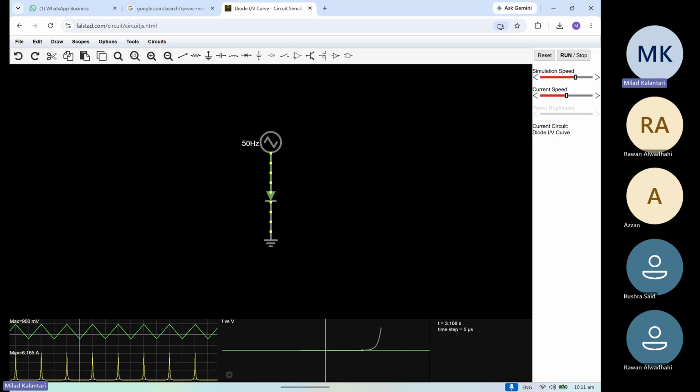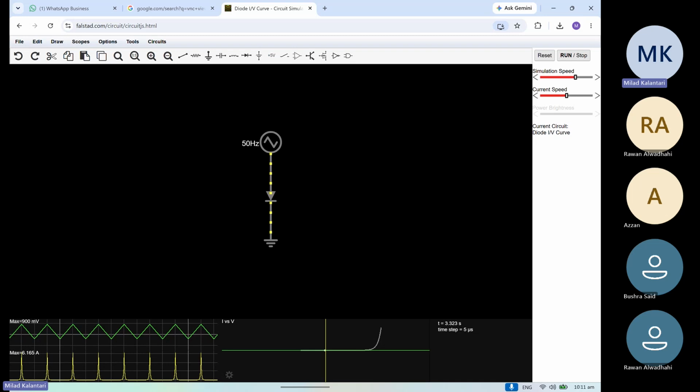The IV curve of the diode. Basically, it is combined from these two waveforms, showing the current versus this voltage. That's why the voltage is sweeping, going up and coming back, and this curve is moving up and down. Correspondingly, the current is zero up to a certain region and then goes up, right?